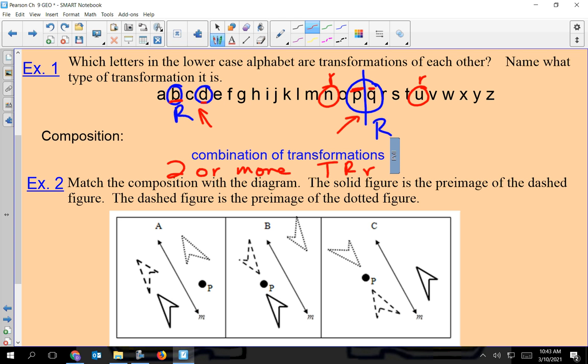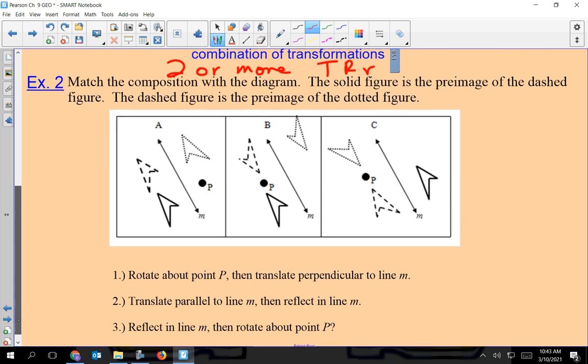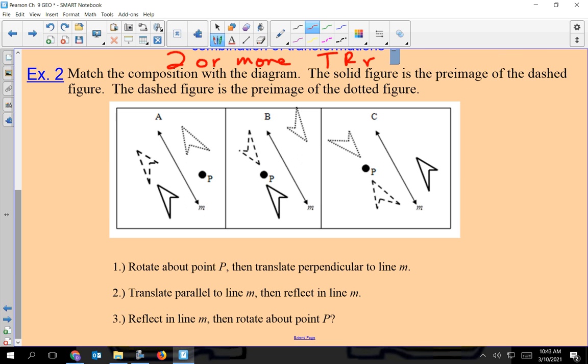Okay? All right, and example number 2, if you want to draw that, you need to, but you have to read the directions here. The solid figure is the pre-image of the dashed figure. The dashed figure is the pre-image of the dotted figure. So hopefully you can see the differences in those, okay?